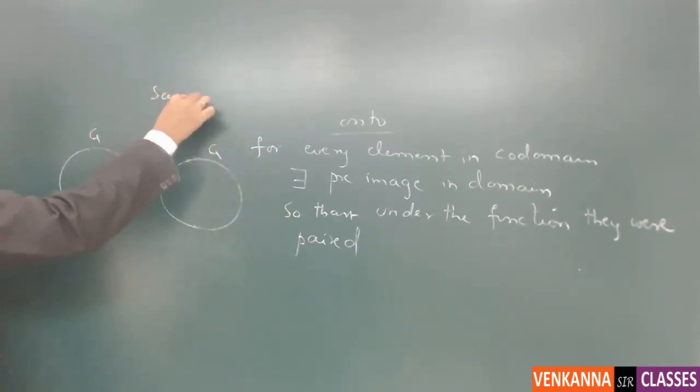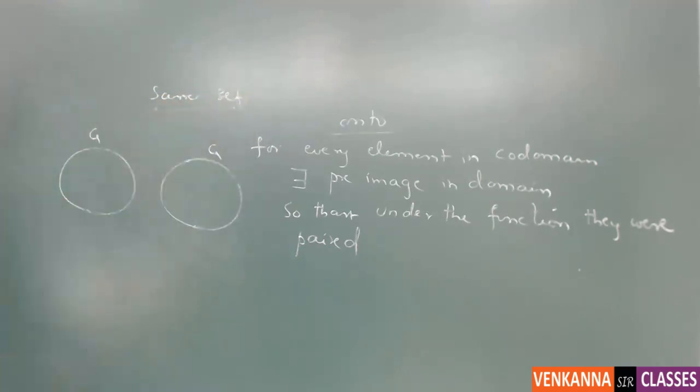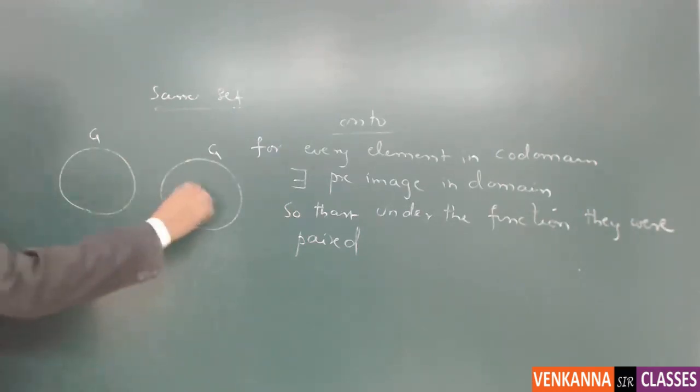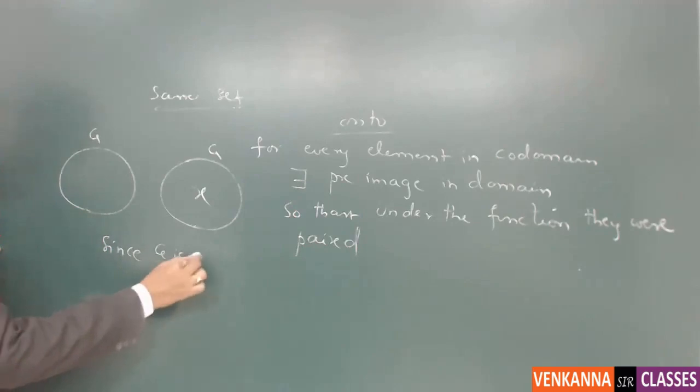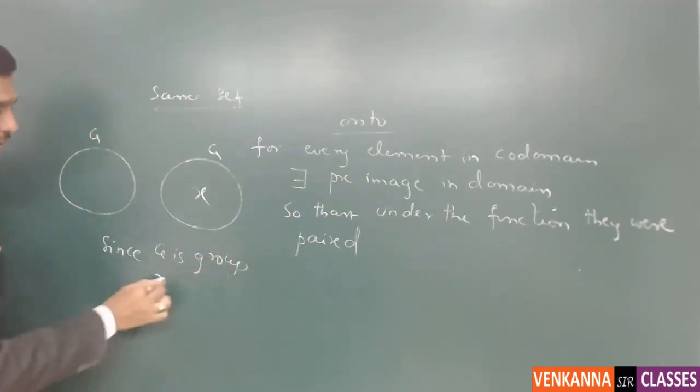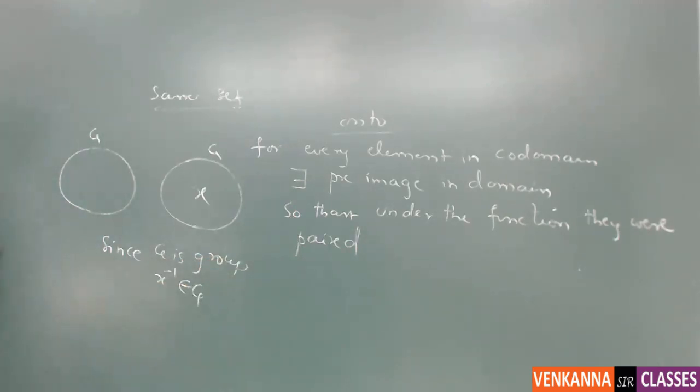This is the same set. Domain is the group G. Codomain is also the group G. You are taking a function from the set to itself. You are not taking a different set. The elements here are the same elements here also. Nothing changed at all. So if you take X in the codomain, since G is a group, X inverse belongs to G. So X inverse is a part here and here.